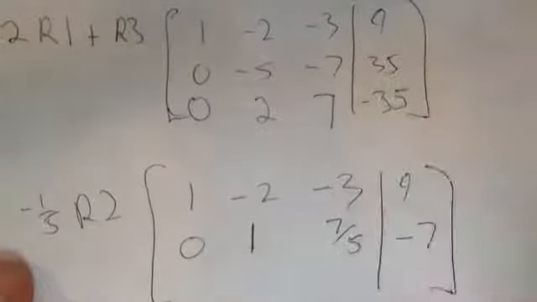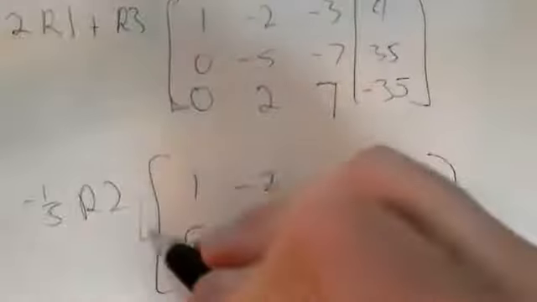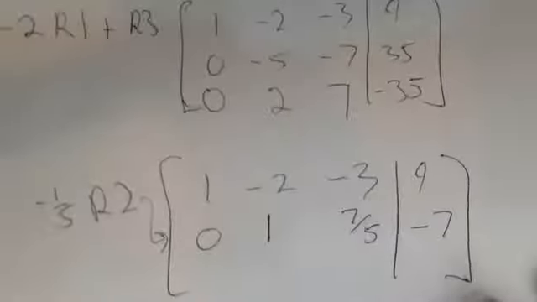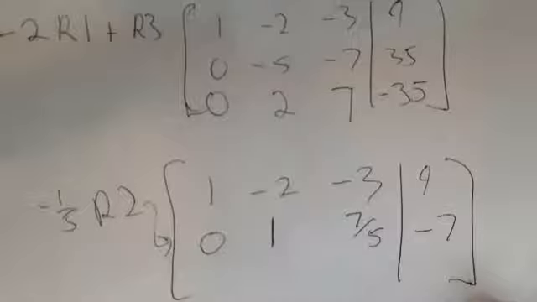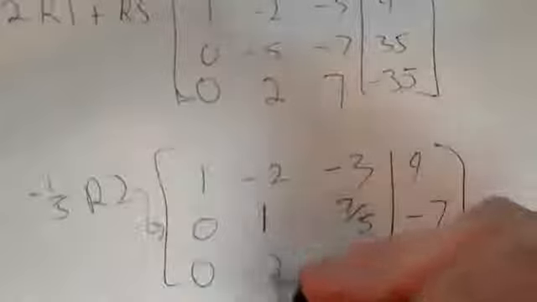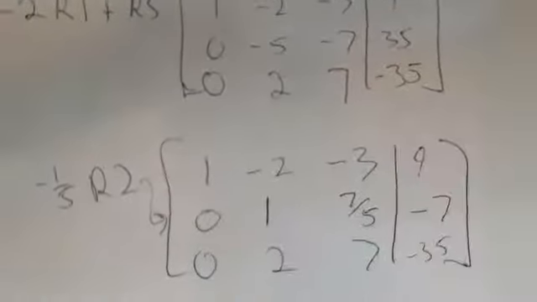That's going to give me minus 7. And the last line stays the same, 0, 2, 7, and minus 35. That's what we got.